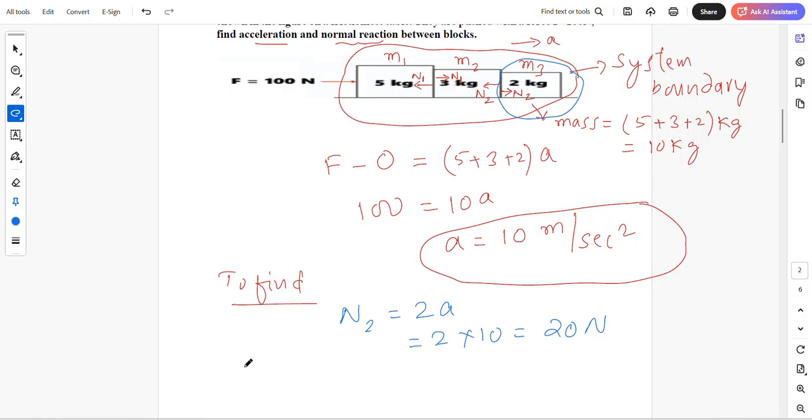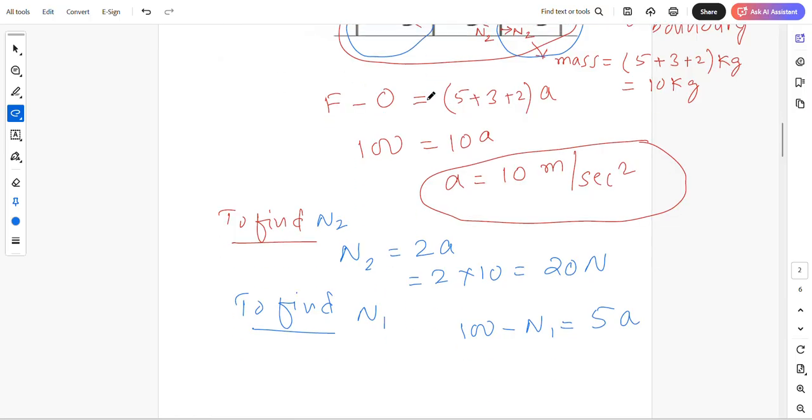To find N1, where is N1? Here. Now I can use this block. Chalane wala, 100 minus rokne wala, minus N1, is equal to 5 into A, mass into acceleration.